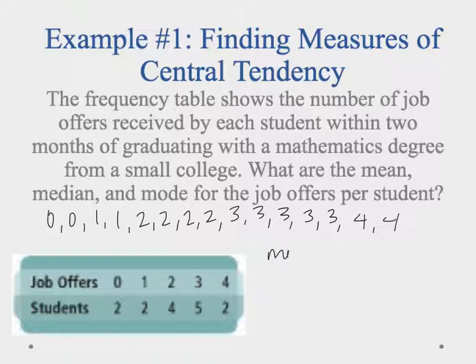All right, so to find the mean, we need to add up all these values and divide by the total amount. So 0 plus 1 plus 1 plus 2, 3. Uh-oh, I made a mistake somewhere, so let me try again.